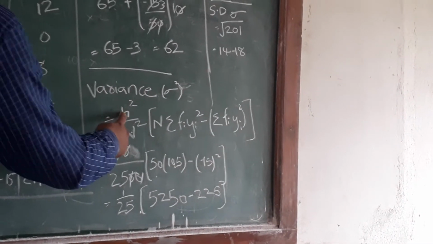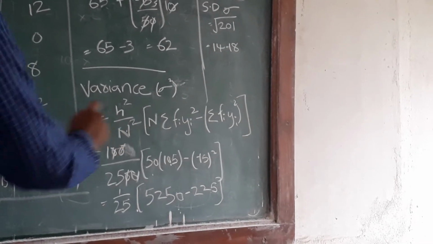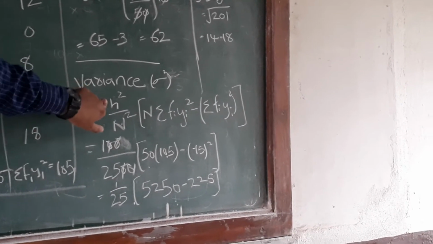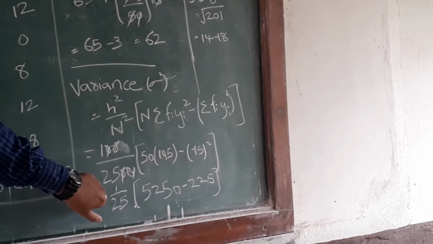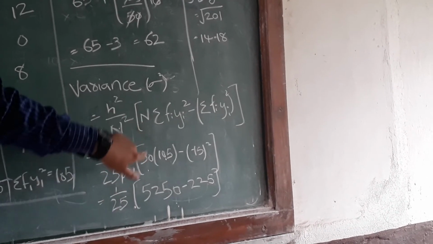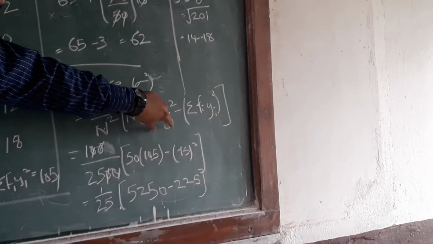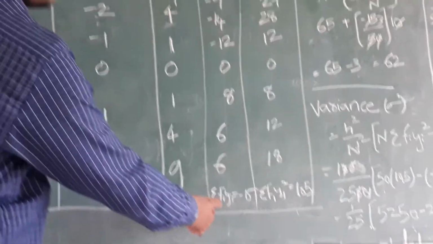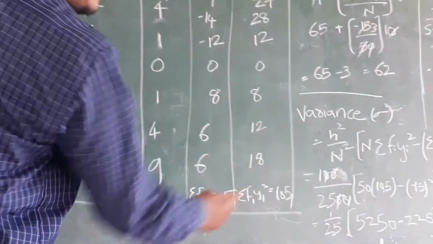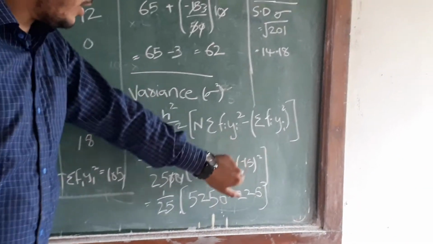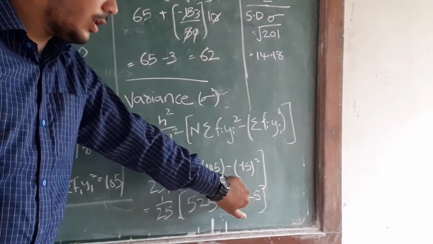See, what is h? 10 it is, 10 into 10 is 100, by n value 50, 50 into 50 is 2500. The n value is 50, summation of all these, fi yi is minus 15, fi yi whole square is 105. 105 minus 15 whole square, this value is minus 15 whole square.